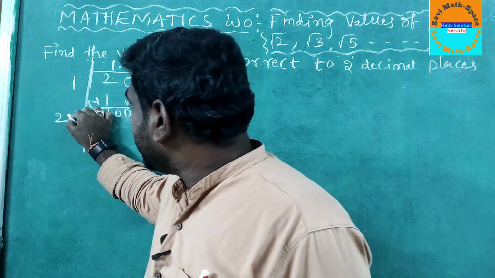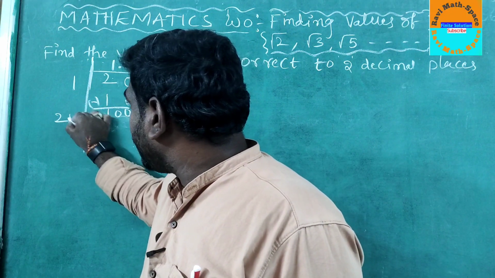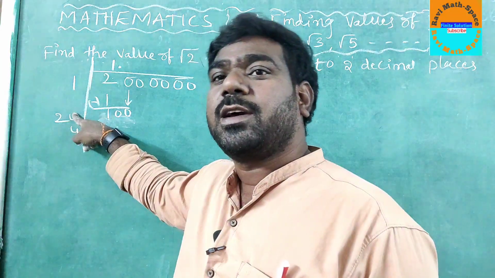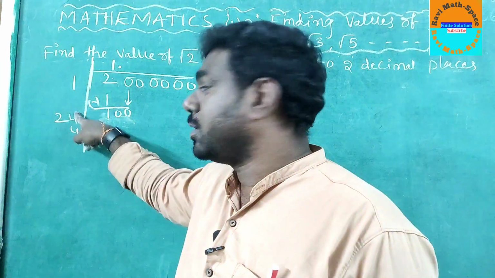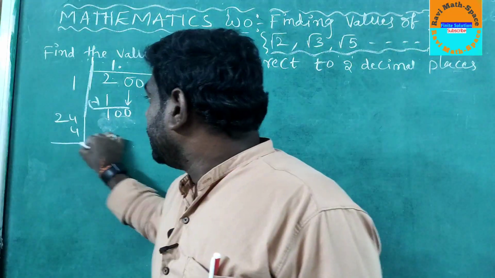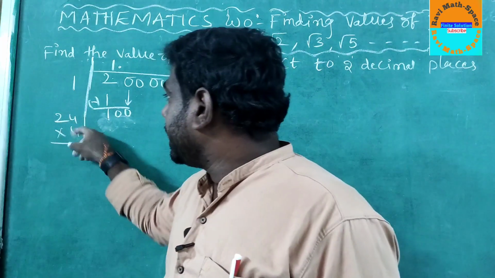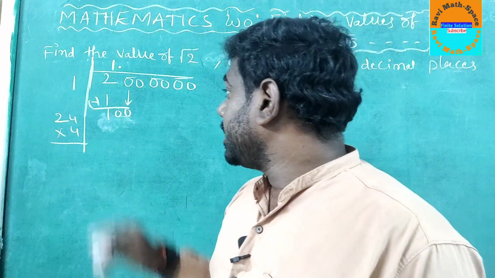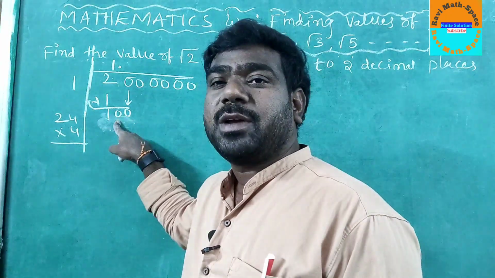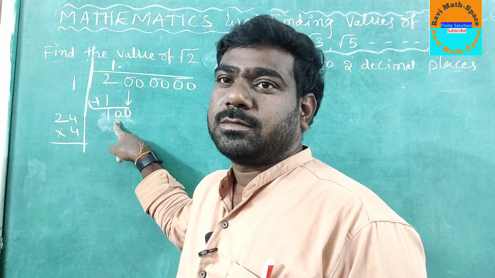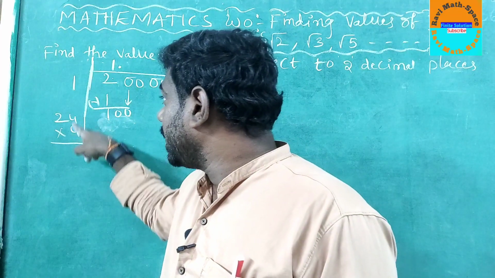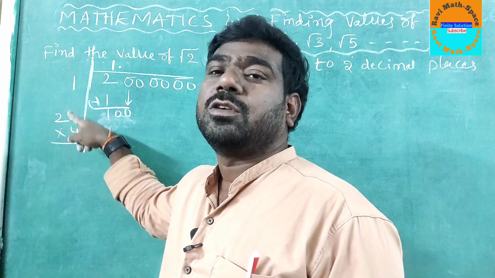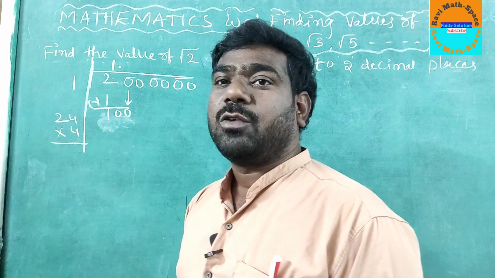Suppose I take 4 here: 4 square means 4 into 4. Now multiply it: 24 into 4 is 96. Yes, 96 is the nearest number to 100. Suppose I take 5 here, so 5 into 5: 25 fives are how much?